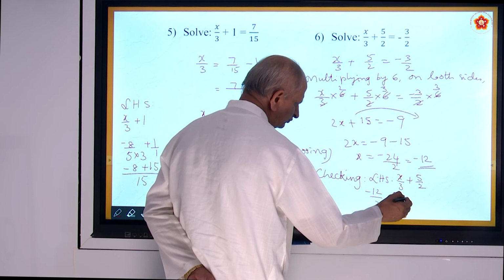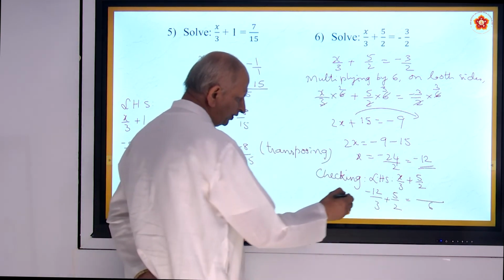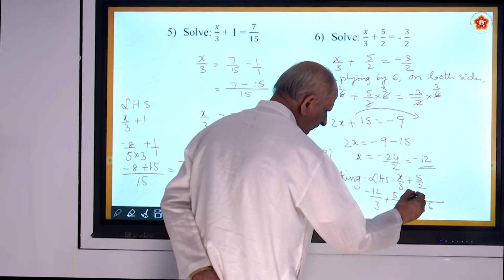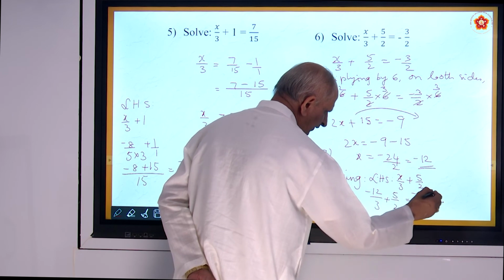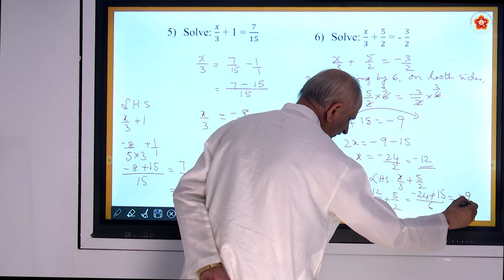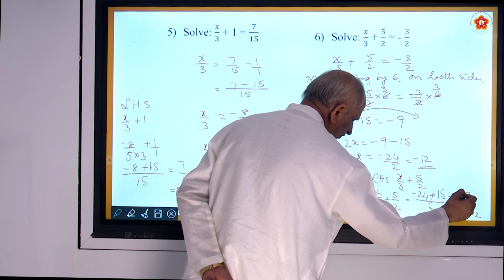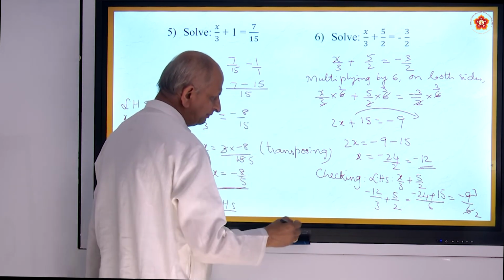So you have 6 as the LCM. 3 twos are 12... into 2, minus 24. 2 threes are 6, 3 fives are 15. So minus 9 by 6. 3 twos are 6, 3 threes are 9. So minus 3 by 2, the same thing you got here.